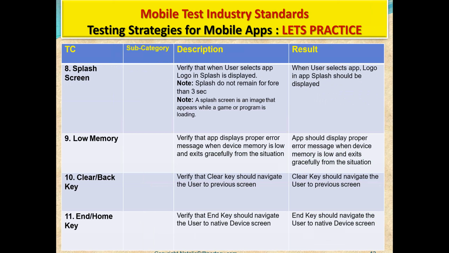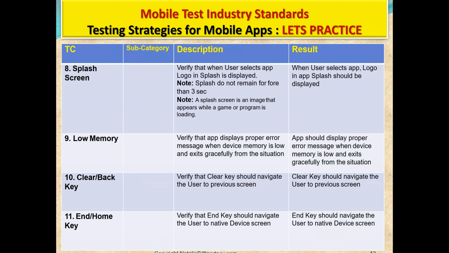Low memory, verify the app displays proper error message when device memory is low, and it should be able to exit properly without causing any problems for the device or for the app. Clear back key, it should bring the user to the previous screen.